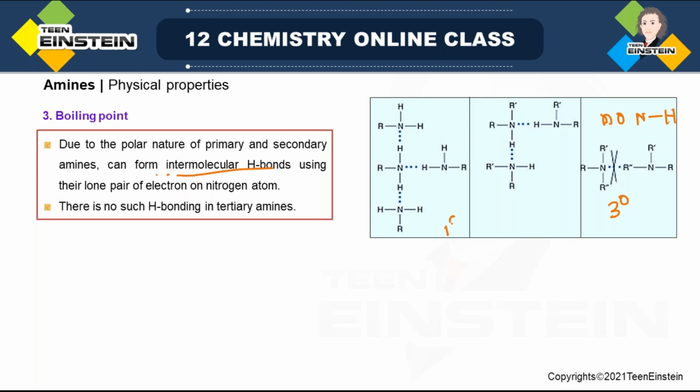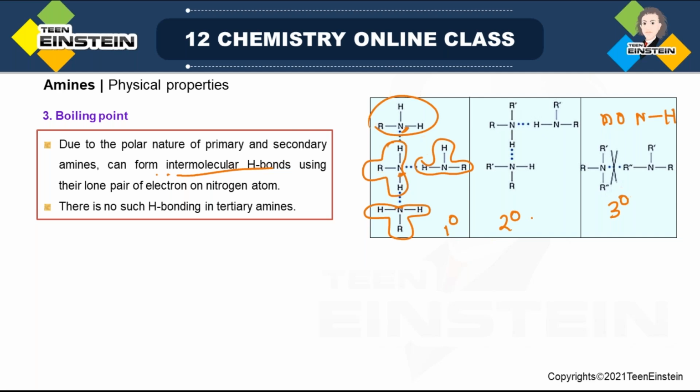But if you consider 1 degree, you can see the nitrogen of one amine molecule interacting with the hydrogen of another amine molecule, and in this way there will be an extended chain, right?